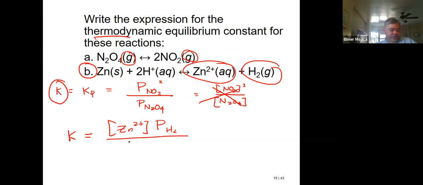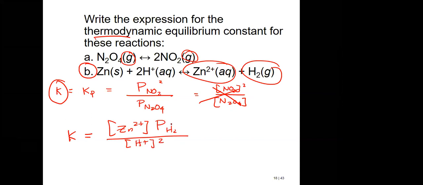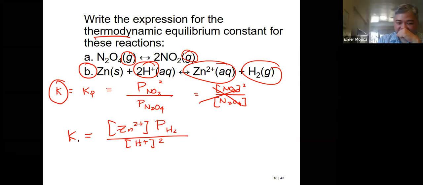And then this one is H plus squared. So that's how you're going to write the thermodynamic equilibrium constant. So watch for the word, okay? If it's an equilibrium constant, you can make this as the concentration of H2 here, but this is a thermodynamic equilibrium constant.